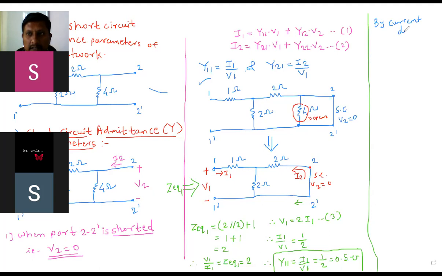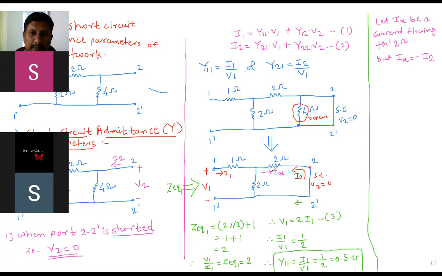By current division. Okay, before that, what do we have to do? We have to take a variable Ix from here. Let Ix be a current flowing through the 2 ohm. Here, to avoid confusion about which 2 ohm, you can mark the direction here. Ix is nothing but minus I2.